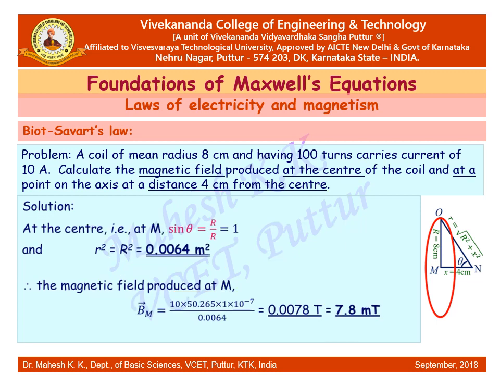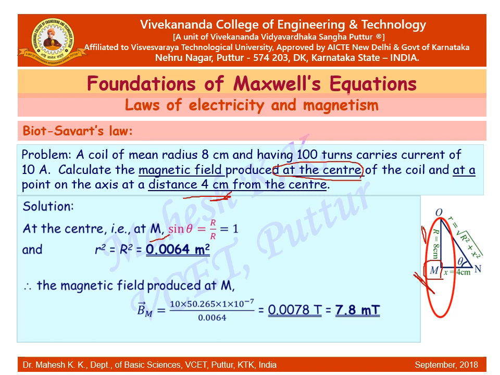Now after calculating the parameter at a distance 4 centimeter, we need to calculate at the center, that is at M. Here again, sine theta is equal to R by R, which is equal to 1 from the simple geometry, and r square is nothing but capital R square, the radius squared, which is equal to 0.0064 meter square.